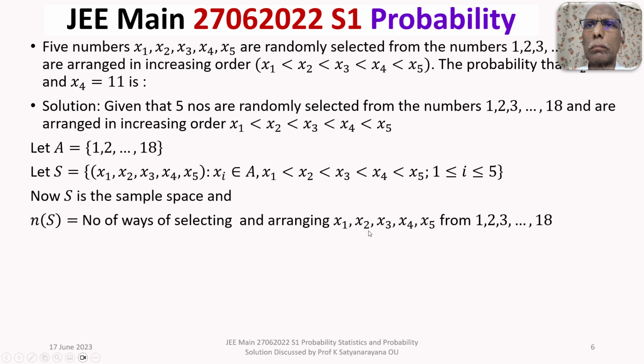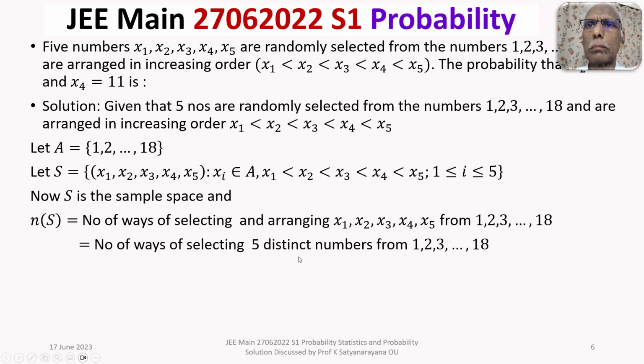Arranging in increasing order means no two are the same. Therefore, we are selecting 5 distinct numbers, because when they are arranged in strictly increasing order, no two numbers are equal.